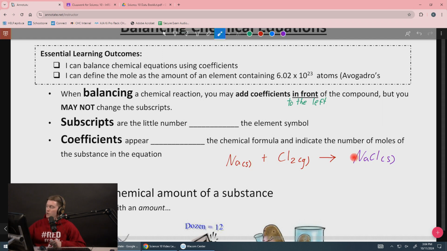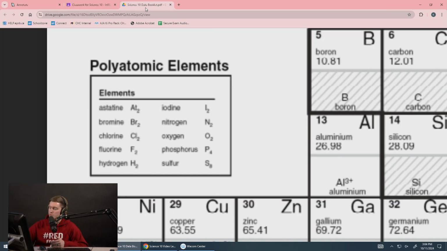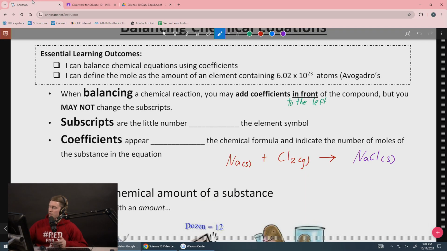We want to balance this chemical reaction. We have two chlorine atoms here because every chlorine molecule has two chlorines in it. Again, chlorine is one of those molecules that ends up in the polyatomic elements box. So if you have chlorine by itself, it has to exist in a pair. Sodium chloride has one sodium and one chlorine. So this is not a balanced chemical equation.